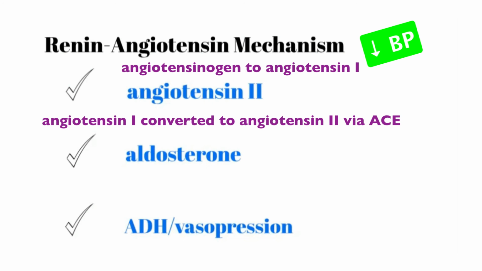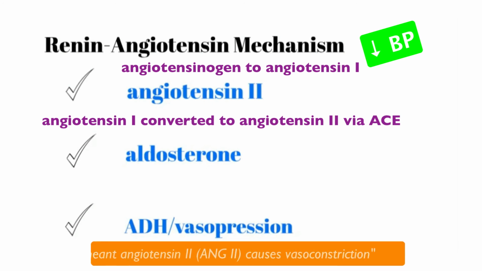Keep in mind, individuals with chronic hypertension may take ACE inhibitors, which will inhibit the conversion of angiotensin 1 to angiotensin 2, because we don't want vasoconstriction occurring in individuals with hypertension. But back to this system here, angiotensin 2 is going to cause blood vessels to vasoconstrict and attempt to increase that blood pressure.